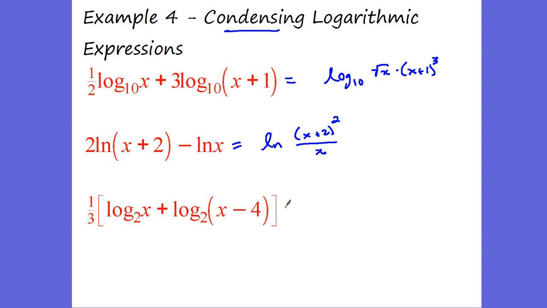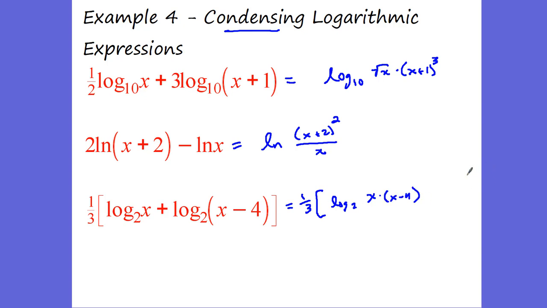Okay. So now on this last one right here, we have 1/3 log base 2 of x plus log base 2 of x minus 4. So that 1/3 is out front. What is the common factor involved here is log base 2. Okay, we have x, so I'm going to put an x, plus is just like multiplying. We have x minus 4 right there.